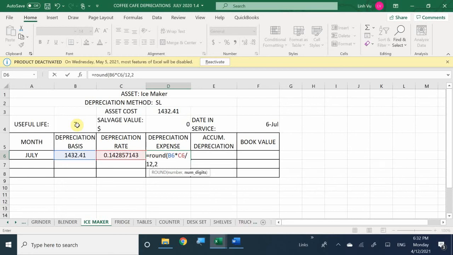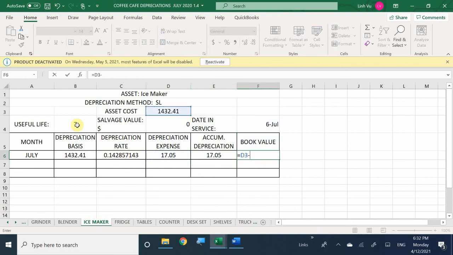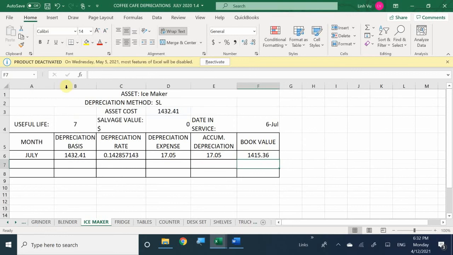And I'm going to calculate 1705. Okay, 1705 for my ice maker.